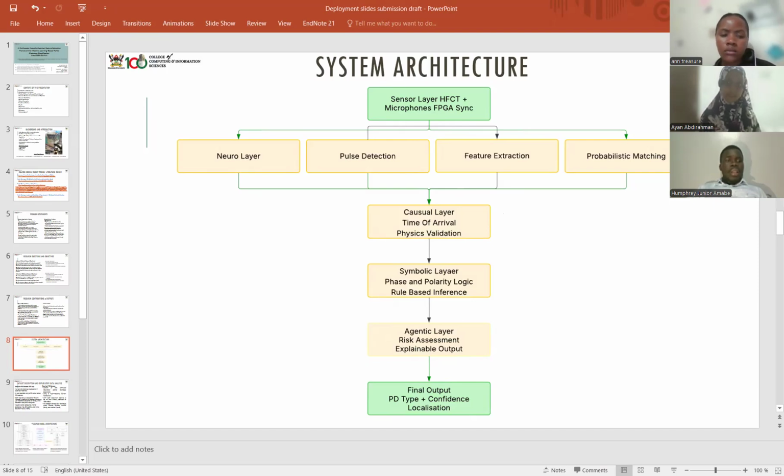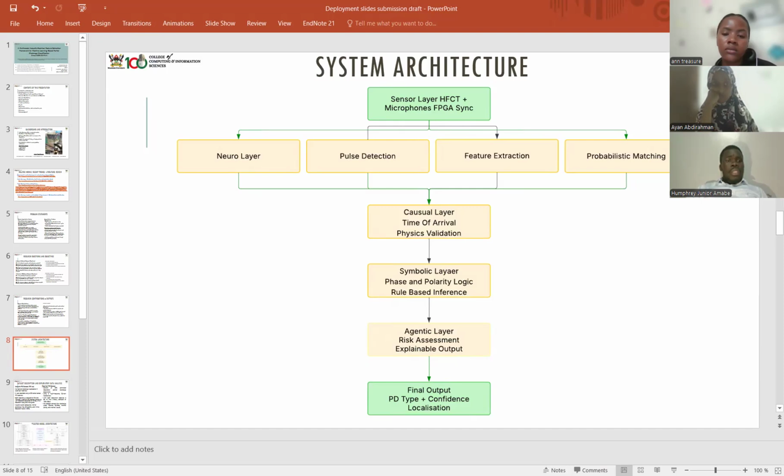These outputs feed into the causal layer, where time-of-arrival logic and physics validation enforce consistency with real propagation behavior. This step prevents the model from accepting physically inconsistent combinations, which improves trust in noisy conditions.